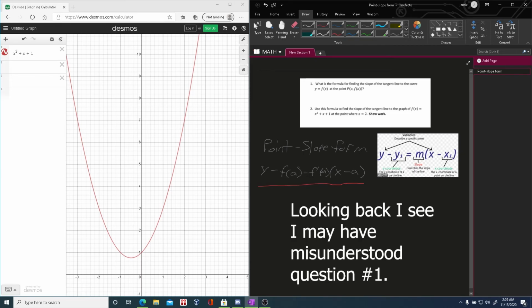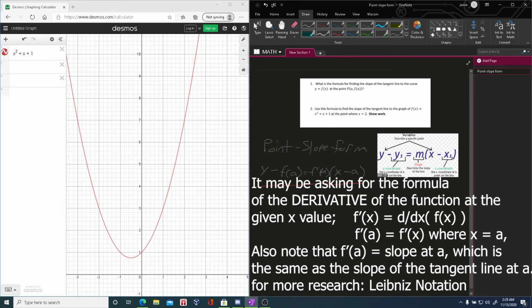It wants us to use the point slope form to find the slope of the tangent line to the graph of f of x equals x squared plus x plus 1 at the point where x equals 2.